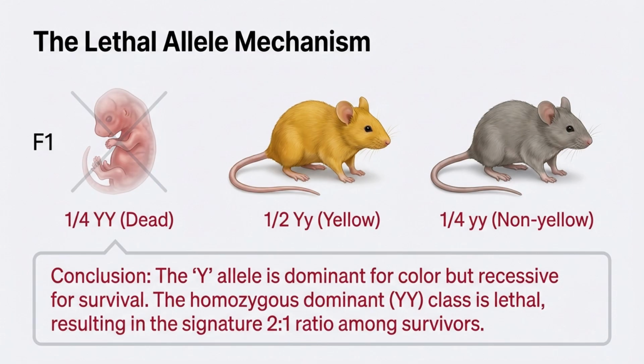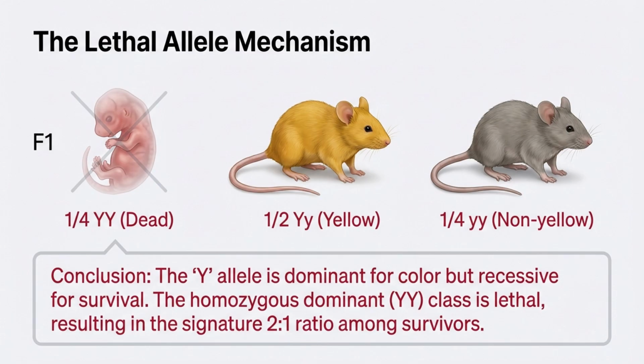The explanation for that missing 25% is recessive lethality. The capital Y allele is acting a bit of a double agent: it acts as a dominant allele for the yellow color phenotype, but for survival it is acting as a recessive allele. It means that when two capital Y alleles are present, mice are not produced.